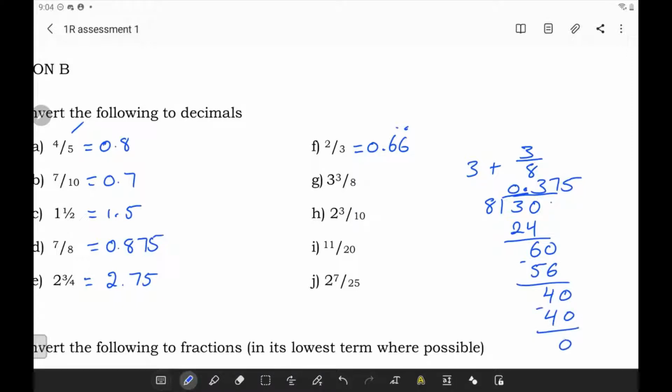So what we have is really 3 plus 0.375, which is simply 3.375. And in a similar way, we can show that this is actually 2.3. Okay. Allow me to erase these.